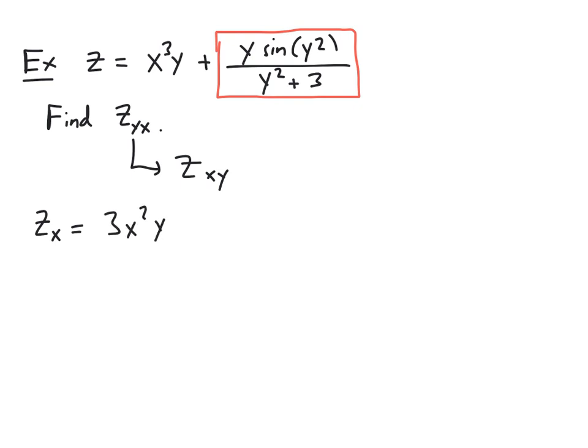And then that second term, the one I boxed in red, is actually 0 because there's no x term. And then z xy is 3x squared. Right? And so by Clairaut's theorem, z yx, the partial that we want, is 3x squared. We actually do not need to compute the derivative with respect to y.